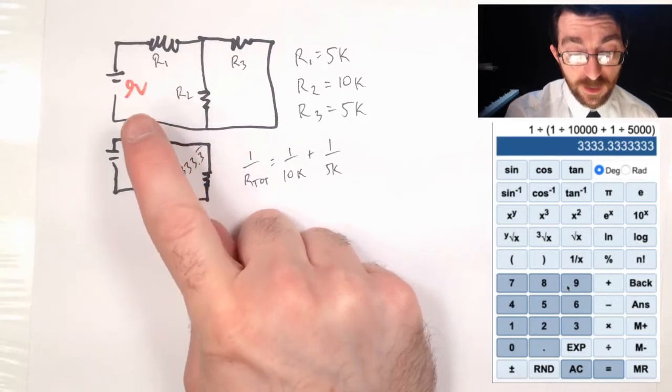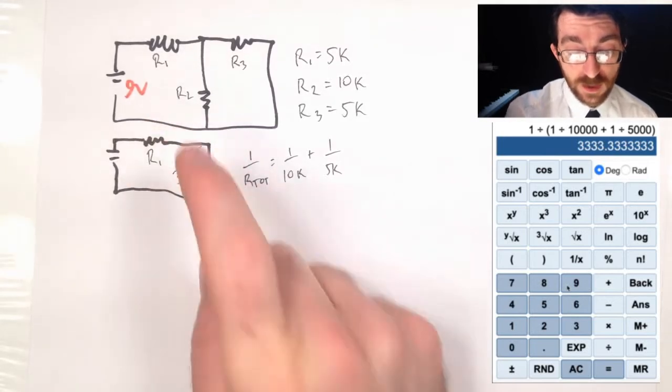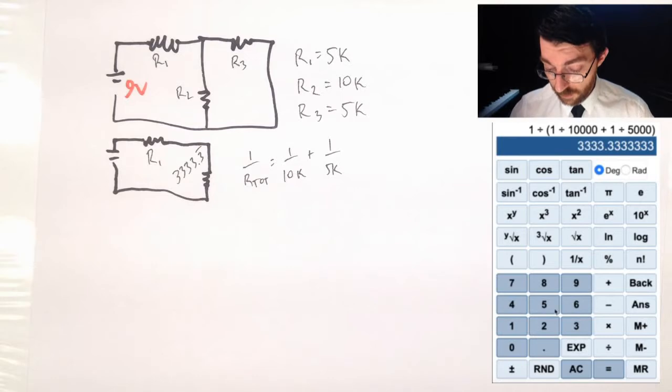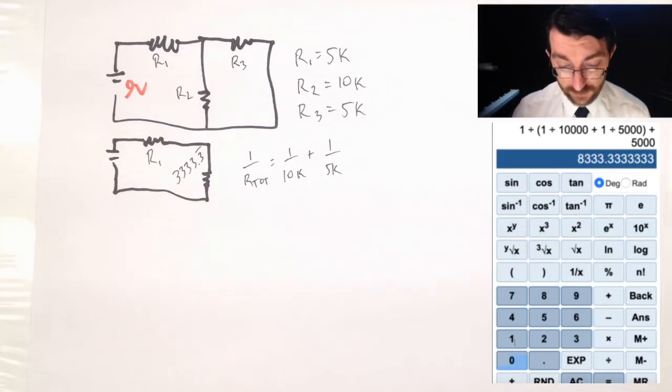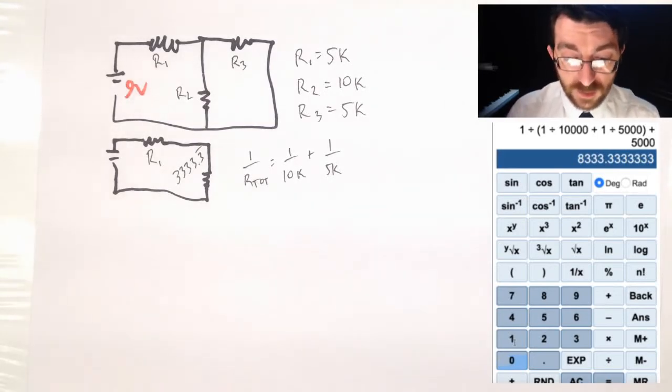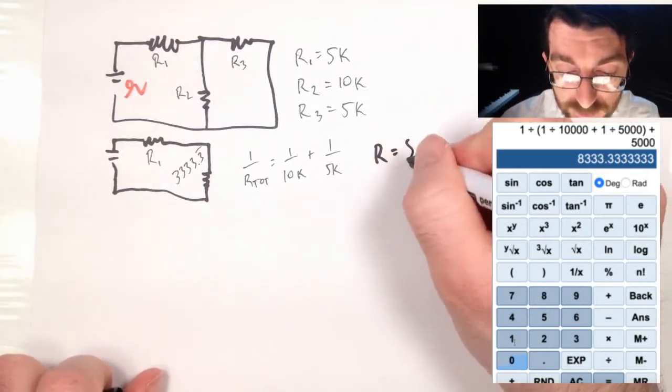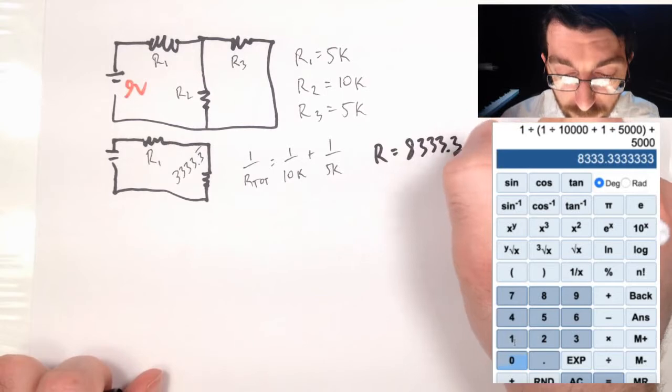So these two are going to add up in series, so that's just going to be 5,000 plus 3,333. So if I add to this 5,000, there you go, 8,333.3 repeating. Okay, so the total resistance of this circuit is 8,333.3 repeating.